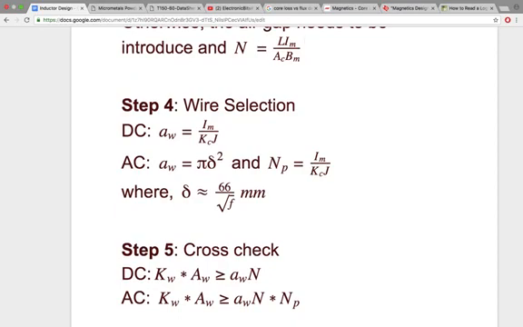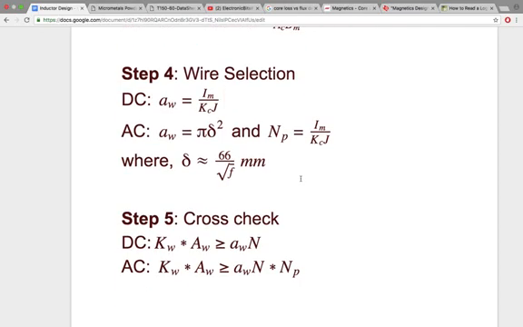Wire selection for DC, for low current you can use this one. In AC you can use the skin depth, where this is a general formula for how many parallel wires you have to connect, and this formula you can use for DC also if the current requirement is very, very high. So this is the wire selection criteria.